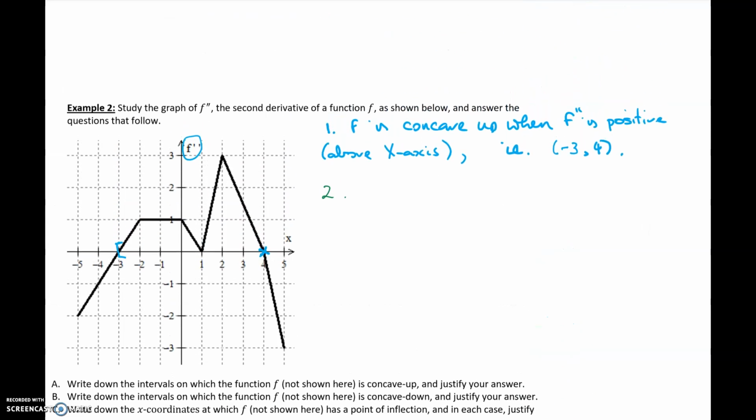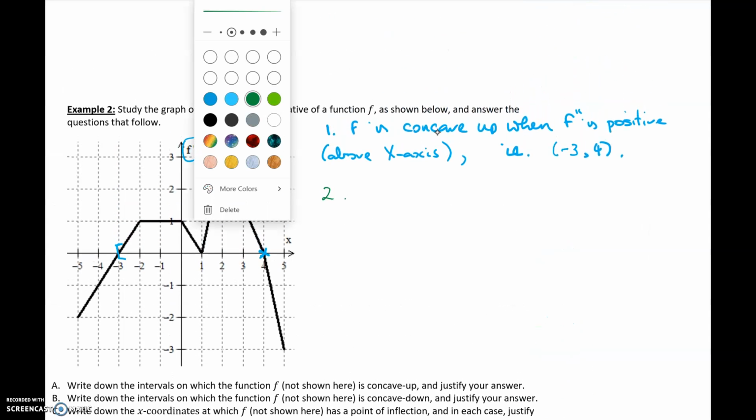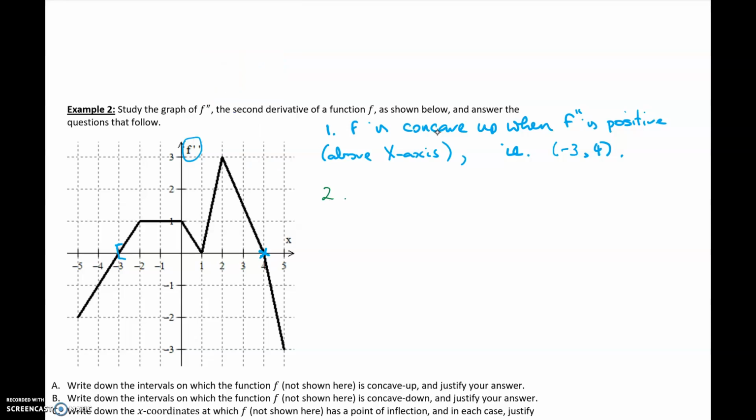So f is concave down when f double prime is negative, in other words, below the x-axis. And that would be on the intervals.